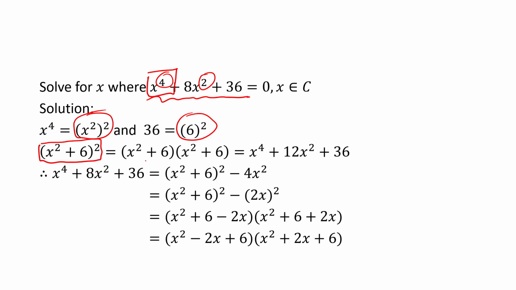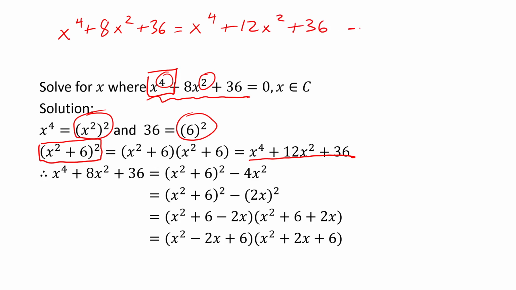See what you get. Well, if we square x squared plus 6, we end up with x to the 4 plus 12x squared plus 36. So what we're going to do is say x to the 4 plus 8x squared plus 36 is equal to x to the 4 plus 12x squared plus 36 minus that extra 4x squared.